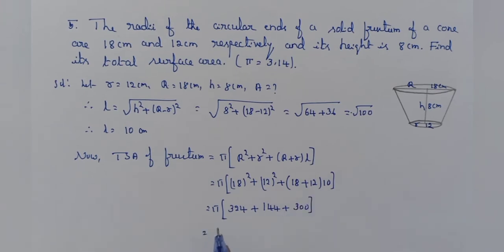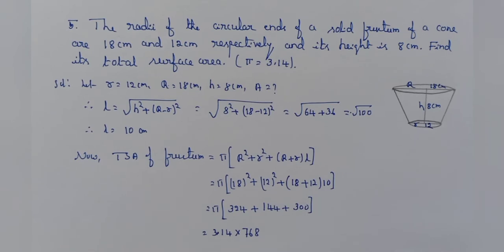The value of pi is 3.14. Substitute 3.14 into 324 plus 144 plus 300, which is equal to 768. So multiply 768 into 3.14.